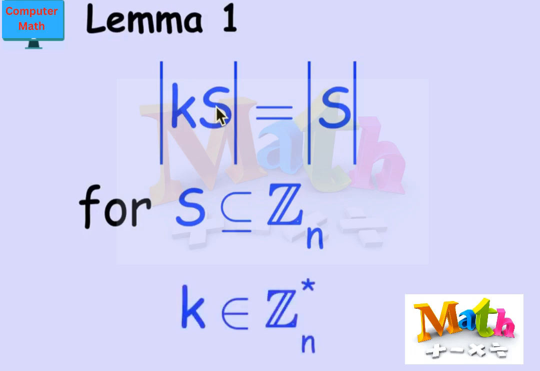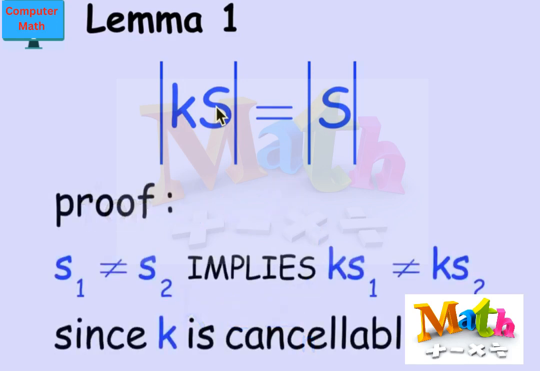Well, this, of course, is only true for k that are cancelable, but the lemma is no matter what subset you take of Zn, if you multiply every one of them by an element that's cancelable, in Zn star, you get a set of the same size. And that's clear because how could kS1 and kS2 be equal? Well, only if S1 and S2 were equal.